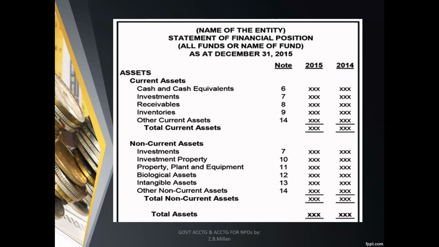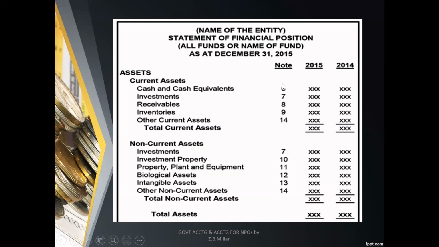You will have it here the amounts presented as your current assets and the non-current assets. Okay, so as you can see, the current year is 2015. Then you have a comparison, the year which is 2014.